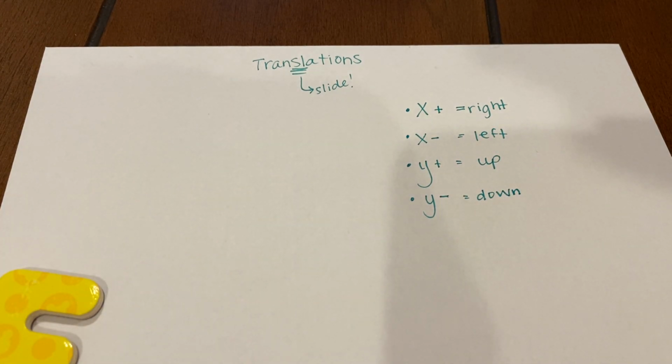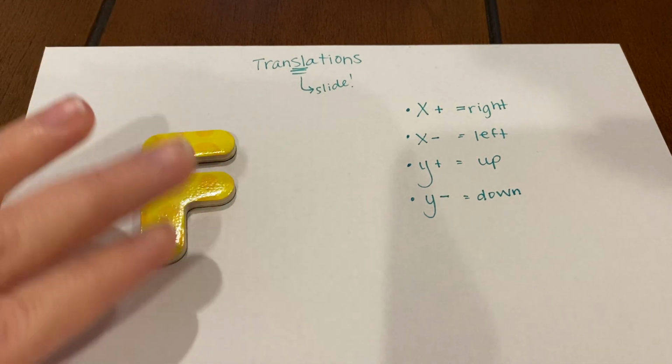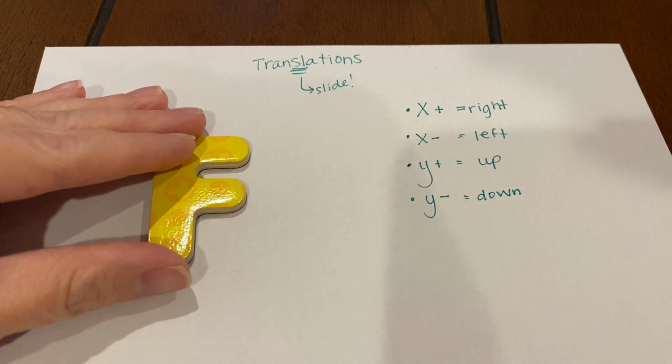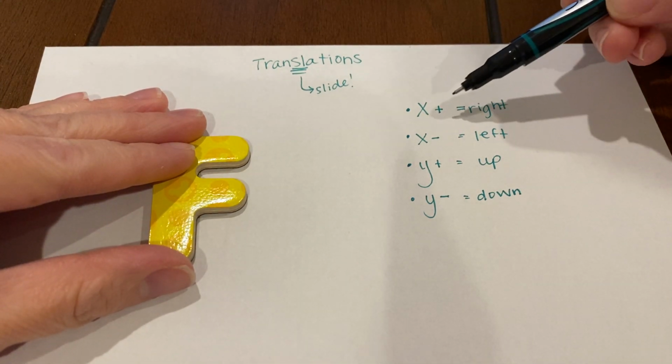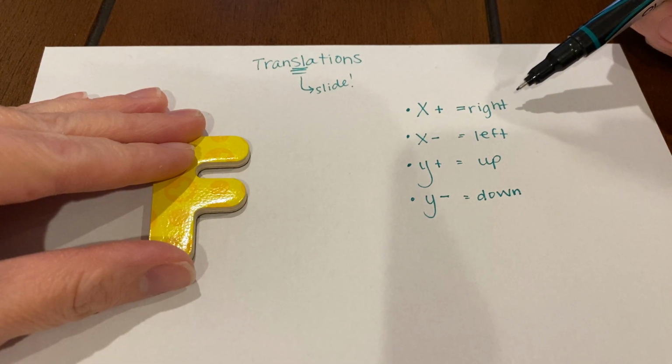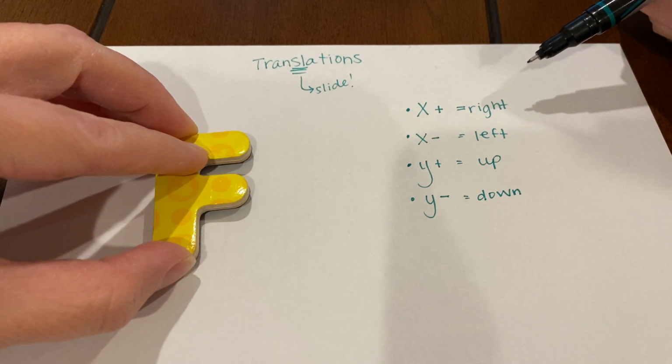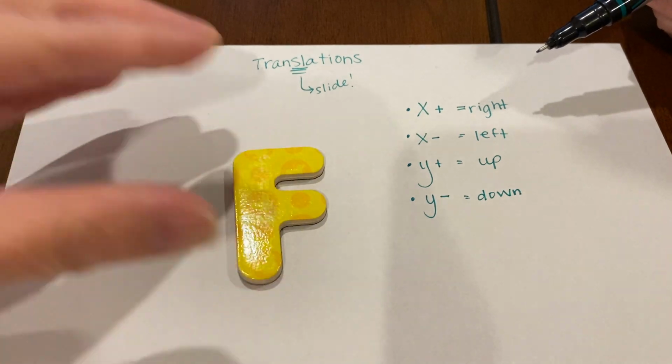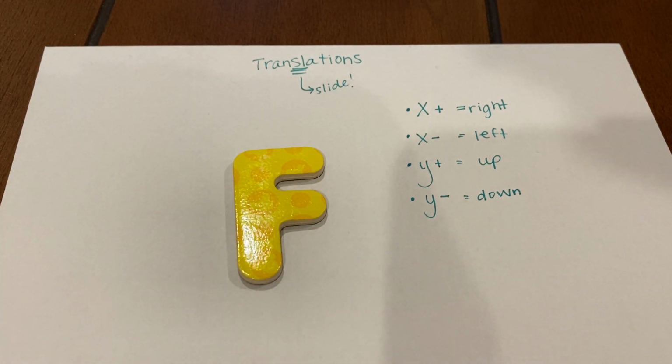Okay, so you might see something that says, translate this object X plus 2. So if this F is your object, X plus means it's going to go to the right. And it told you it was X plus 2, so that means it's going to go to the right 1, 2. That would be if you were on a coordinate plane, okay?